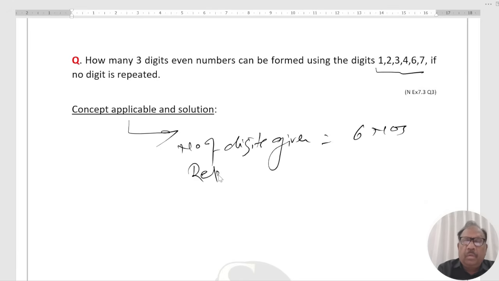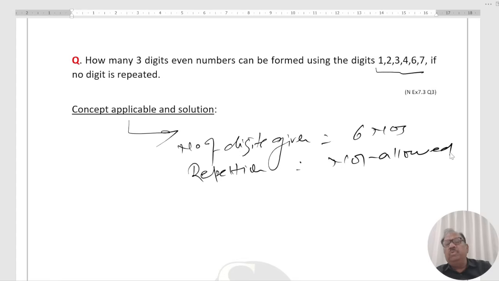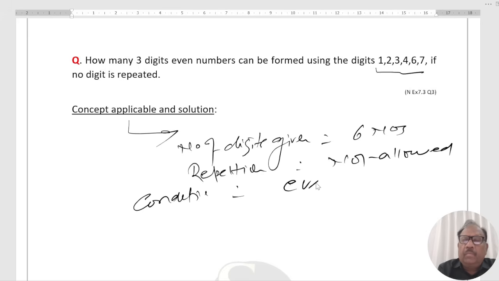Repetition not allowed, means one number utilized will not be used again, one less kar denge. And condition: even number, 3 digit.